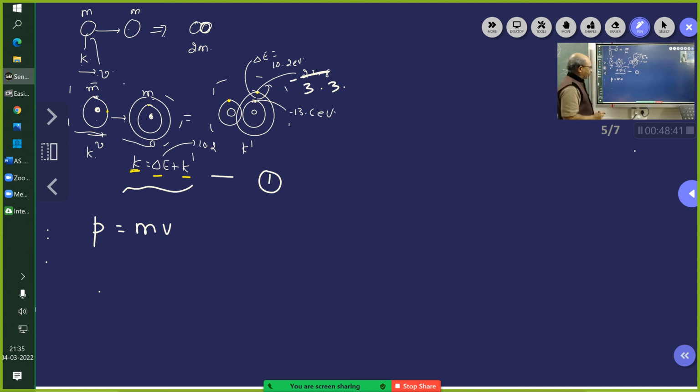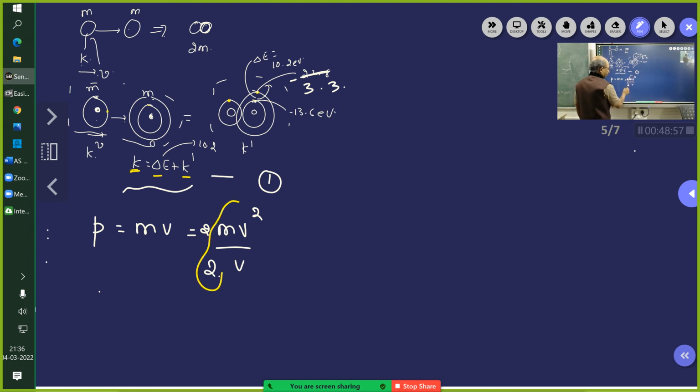If I multiply and divide by v, I will get mv square by v. And I multiply and divide by 2, so this becomes kinetic energy.